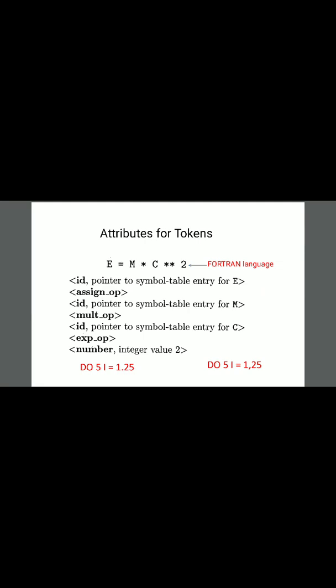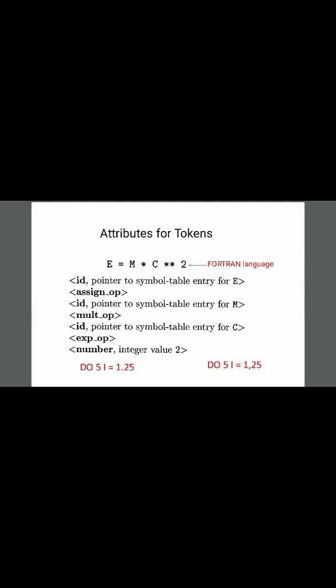Take the example given here, which is a problem statement in the Fortran language. In Fortran, your identifiers are the same as in the C programming language, but here you see E is equal to M into C. If two consecutive star marks are there, it means exponentiation. So the Fortran compiler must be able to differentiate.